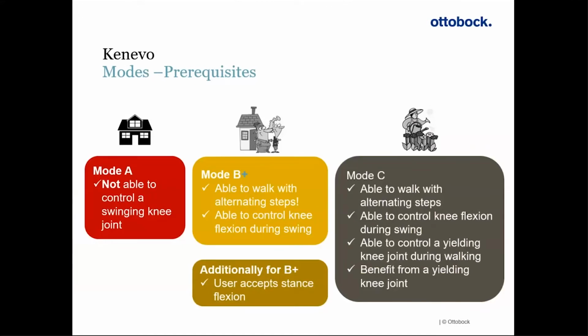In mode B, they can go outside, walk probably with an assisted device, and utilize stance flexion in mode B plus. And then mode C, they walk with alternating steps, and it controls swing flexion during swing phase. They can walk with a yielding knee downstairs, down ramps, and you truly now have a solution for these individuals that we tried to fit with the C-leg before, but probably that was too much knee for them. So this knee really provides them with the capabilities for the activities and functions that they need. Next slide, Dr. Kannenberg.